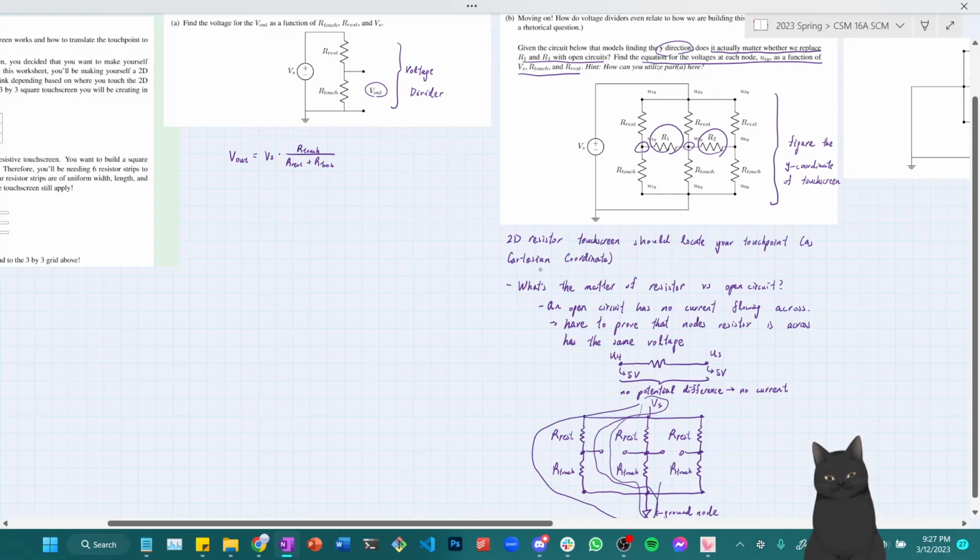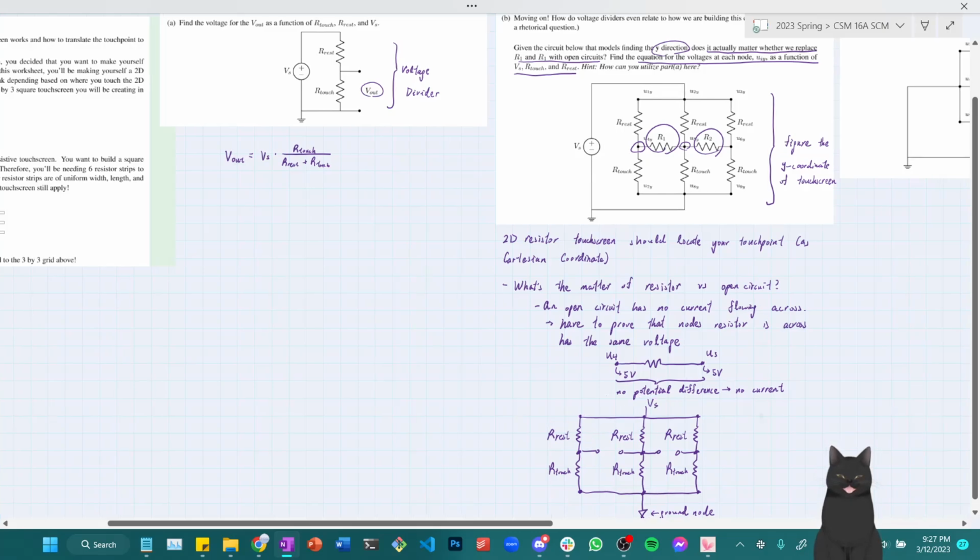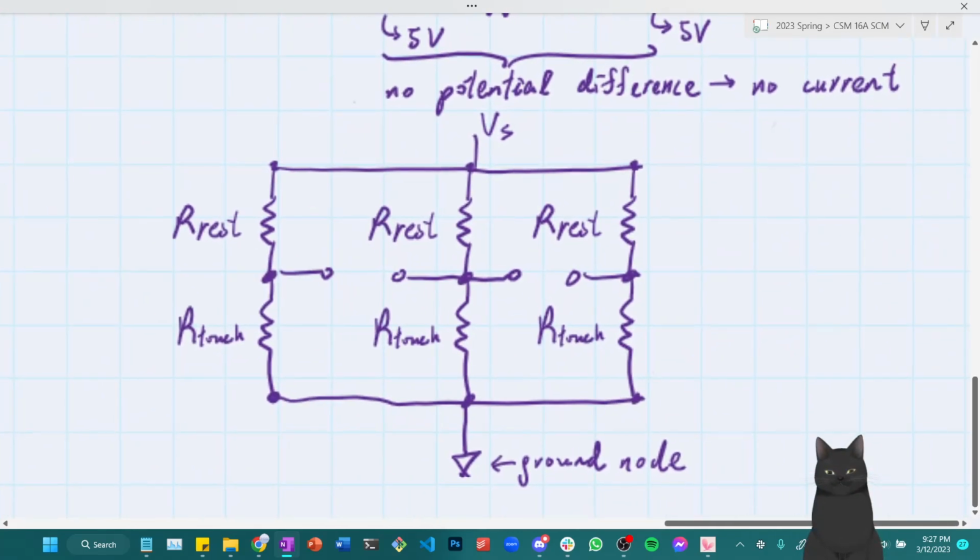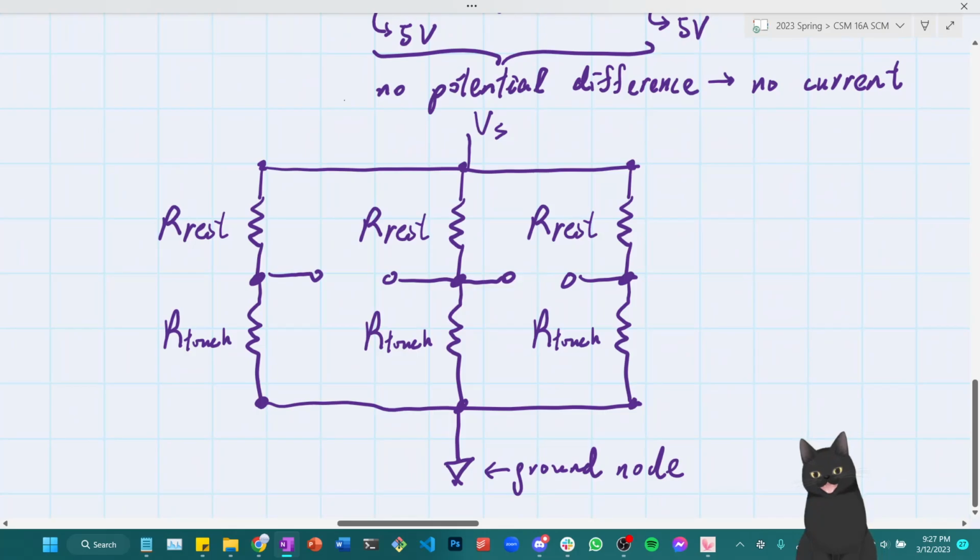Each branch of this circuit is a voltage divider. So essentially, we're putting 3 voltage dividers in parallel, and because they're in parallel, the amount of voltage across the node above our rest and below our touch is always Vs minus 0, which is a voltage difference of Vs. So once again, say that the nodes here are U4y, U5y, and U6y.